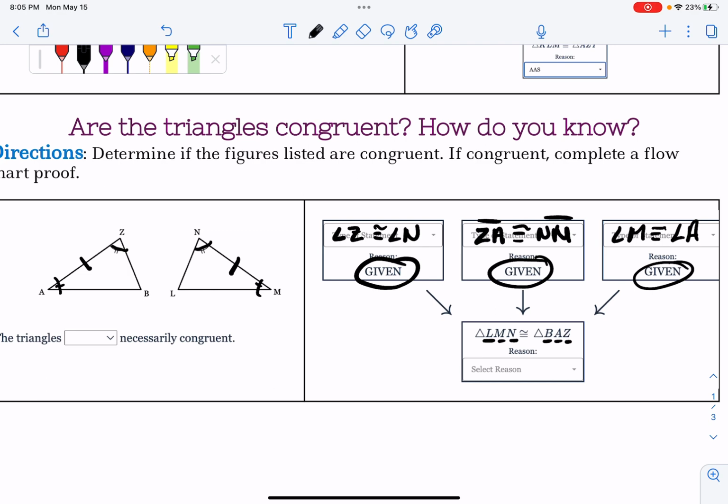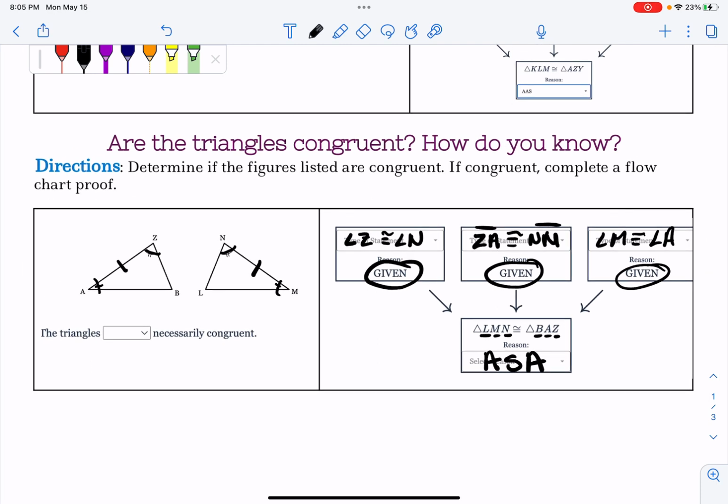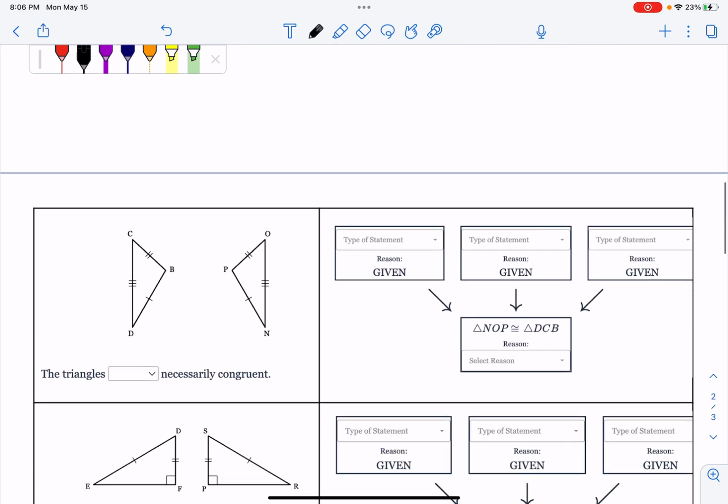And how do we know? We know because what we have is angle, side, angle, and that is one of my congruence statements. So these triangles are congruent. How do I know? Angle, side, angle. Start with the angle, then the side, and lastly the angle.